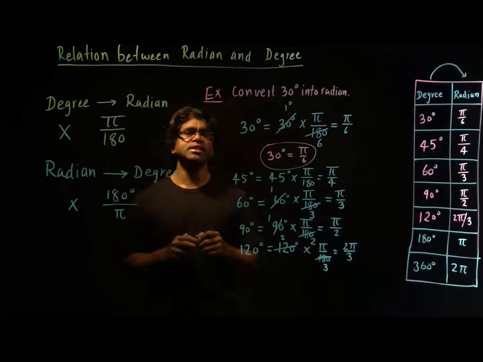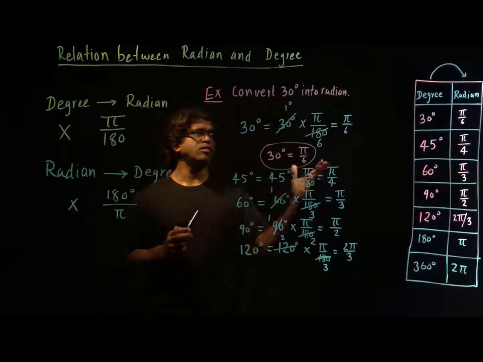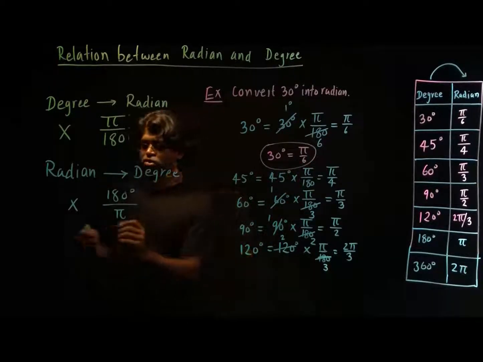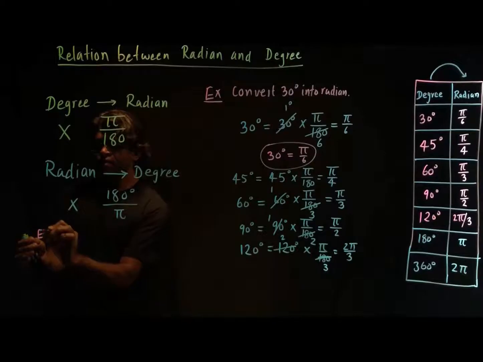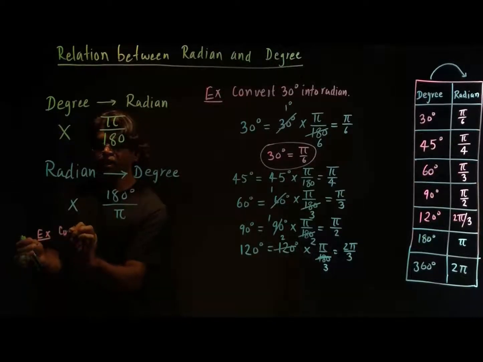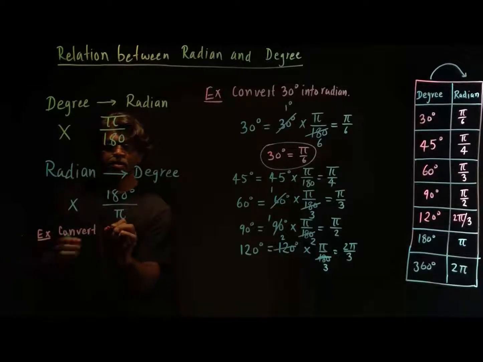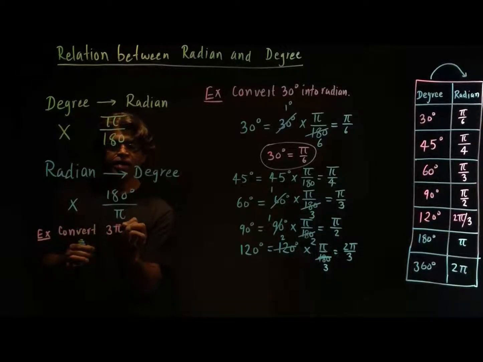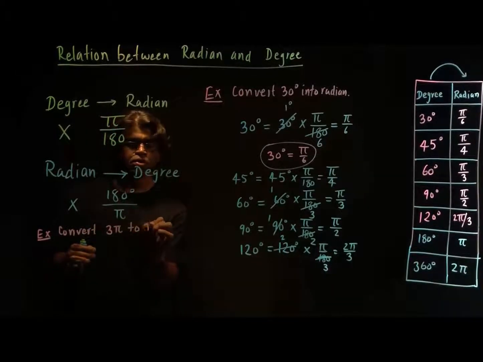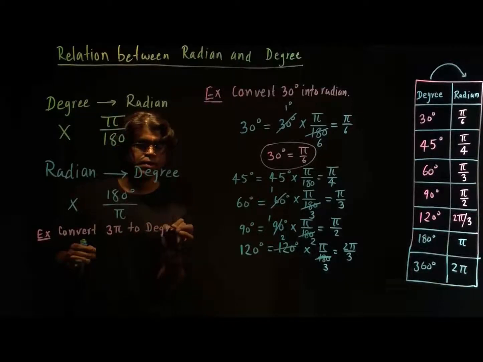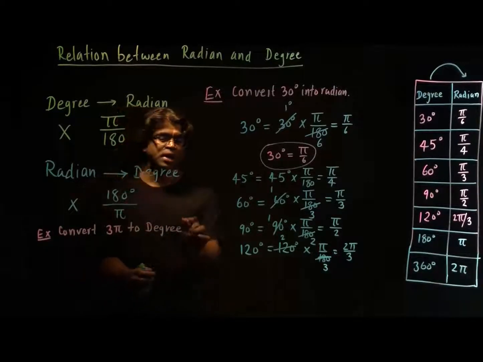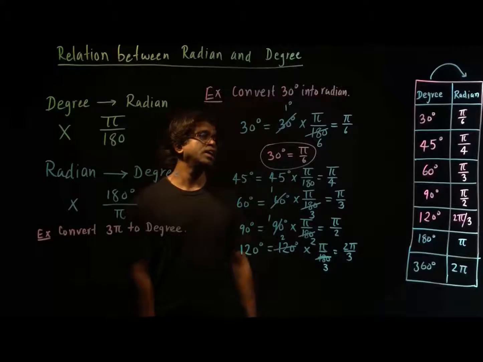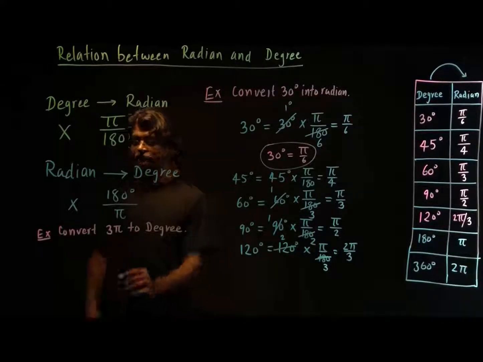Now let's consider an example. How do I convert from radian to degree? My example is: convert 3 pi to degree, because this is in radian and I want to convert it to degree. So what will I do?